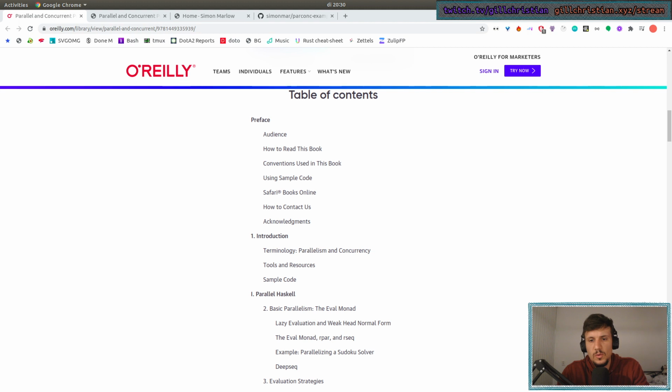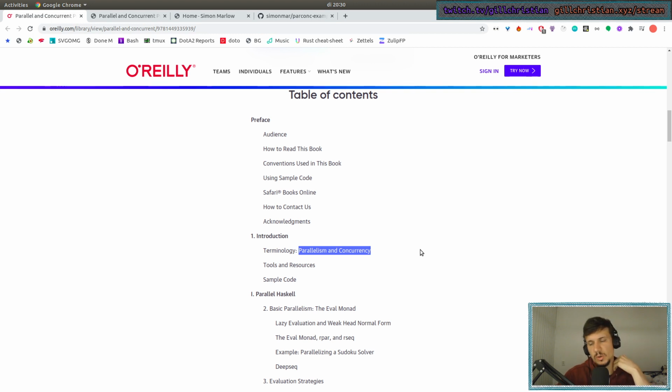Okay, so the introduction mentions the distinction between parallelism and concurrency. Basically, parallelism is running things in parallel on different processors, and it became more relevant in the last two decades, when processors stopped getting faster and started adding more cores.